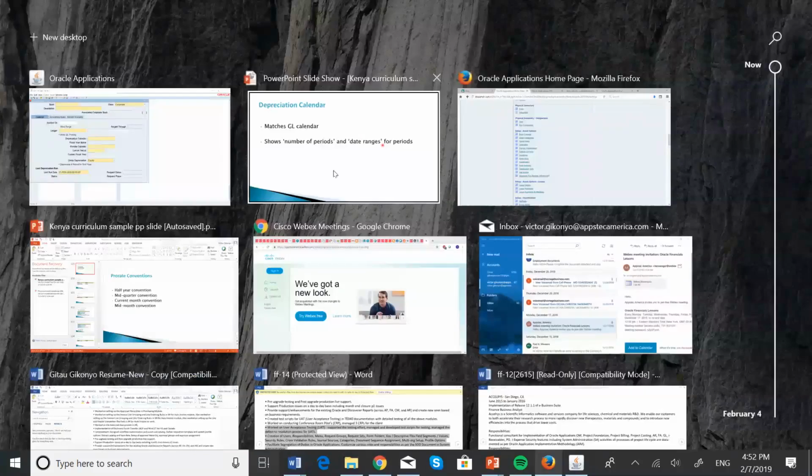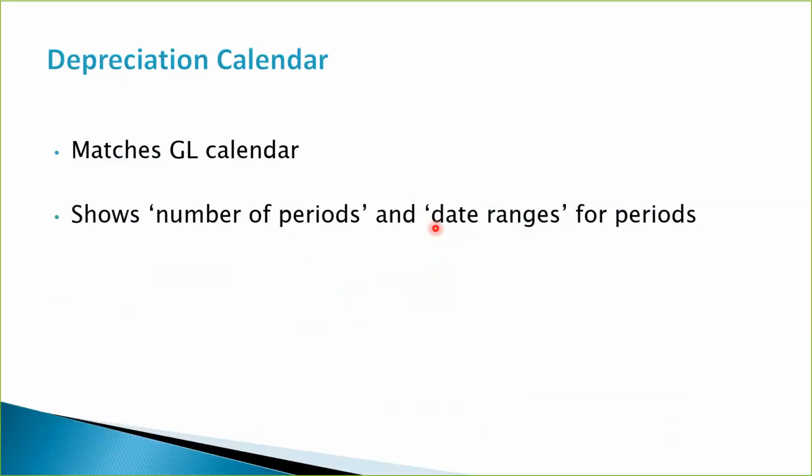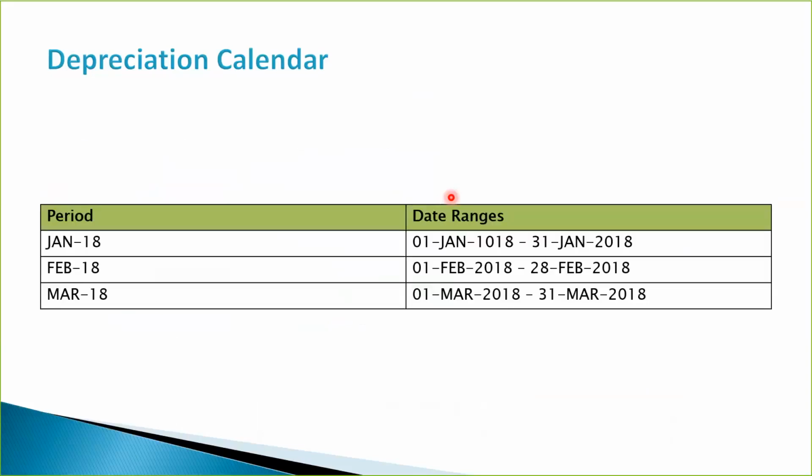And that is why we have these date ranges showing the number of days for each period. So this is what a depreciation calendar would look like, right? January 2018 is the period, and it ranges from January 1st, 2018 to 31st January 2018. So it basically looks like our GL calendar.